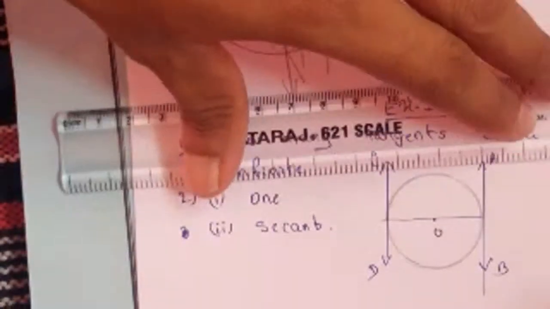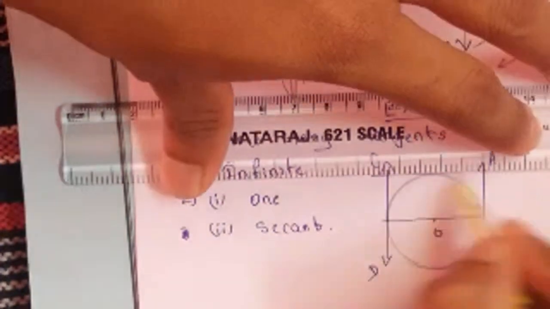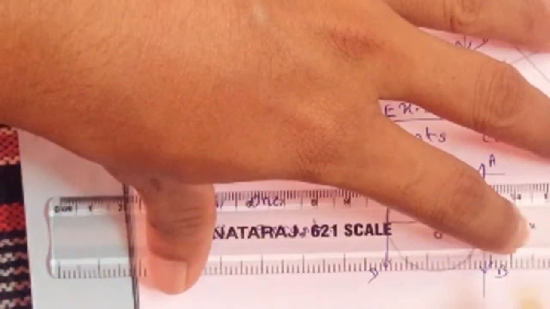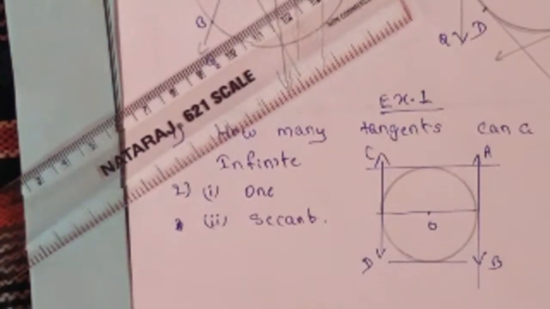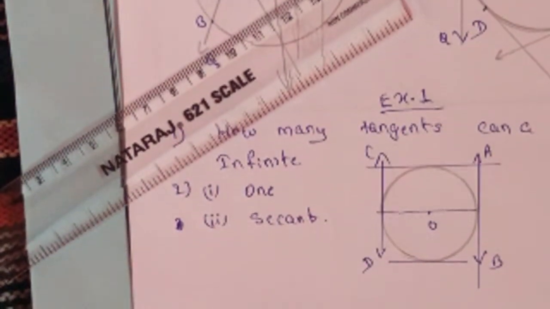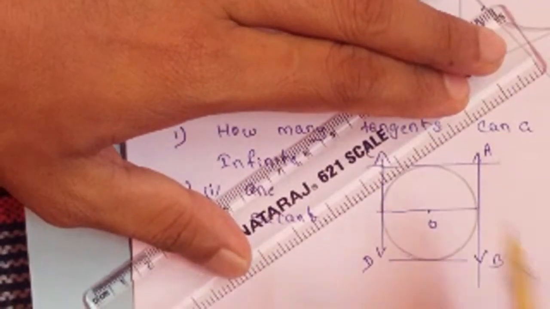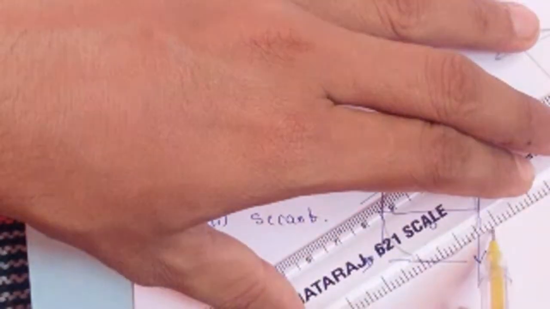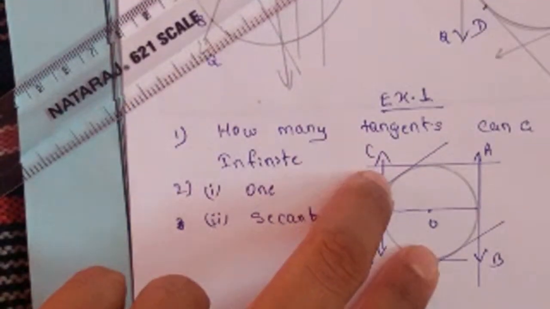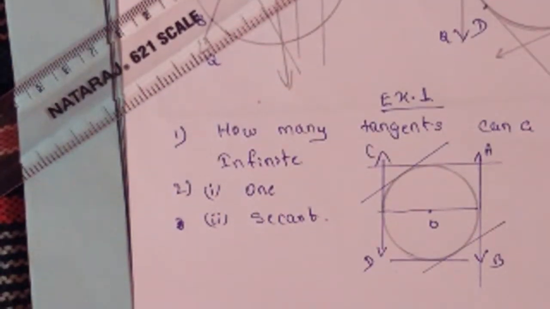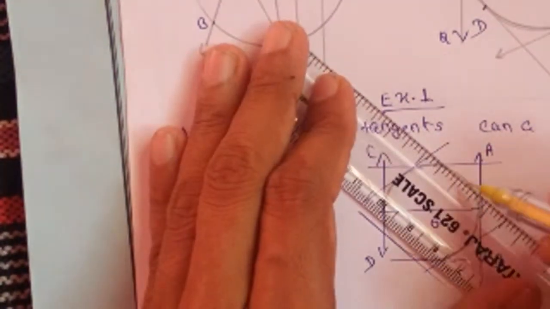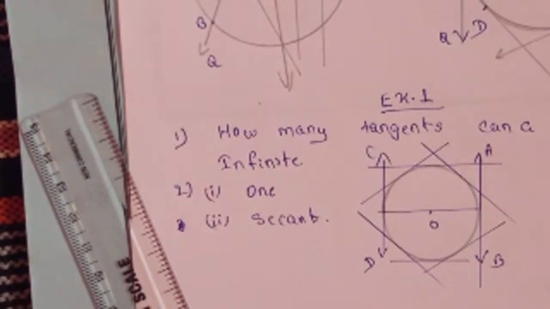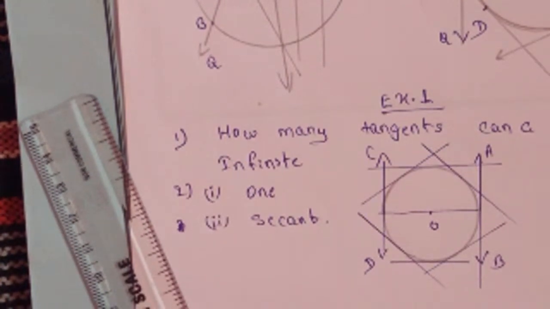Similarly, if I consider this point, then this point, then these two tangents are also parallel to each other. And similarly, if I consider these two lines, then these two lines are also parallel to each other. If I consider these two lines, then these two lines are also parallel to each other.